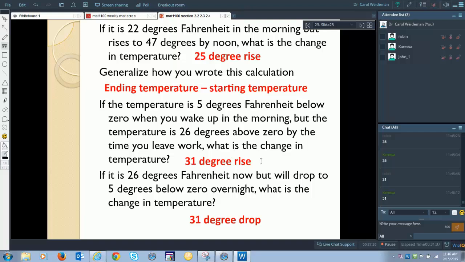So this was negative 5 up to positive 26. This one here was 26 down to negative 5. So you see the difference in these? This one's a rise. This one's a drop.